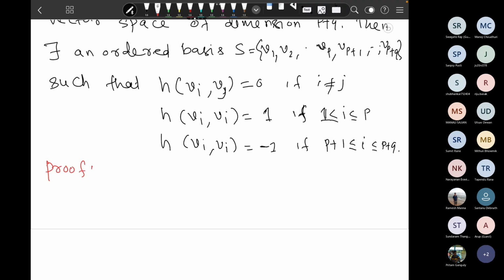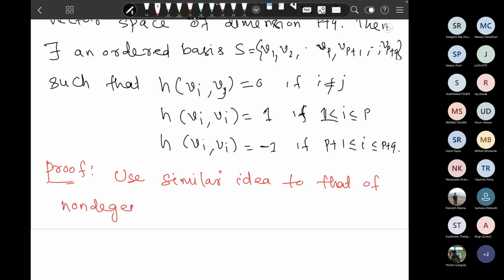The proof is actually similar. Well, I could not locate a proof of this result, but I could do this result by just using the idea of the Eilenberg form. So I use similar ideas to that of the symmetric bilinear form.